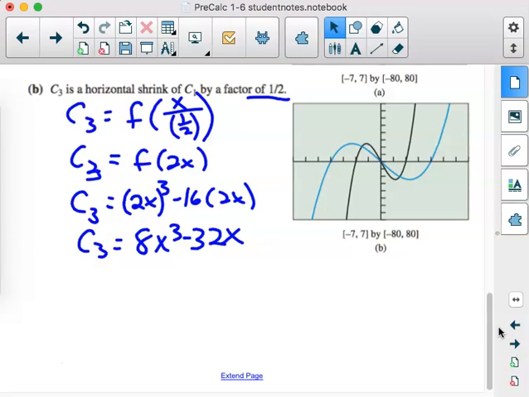So in this one, we see again that we have the original, and then we see that horizontal compression. So the blue one here is again our x cubed minus 16x. And now notice how if you were holding that to the right and the left and you squished it in, we would get the black graph.